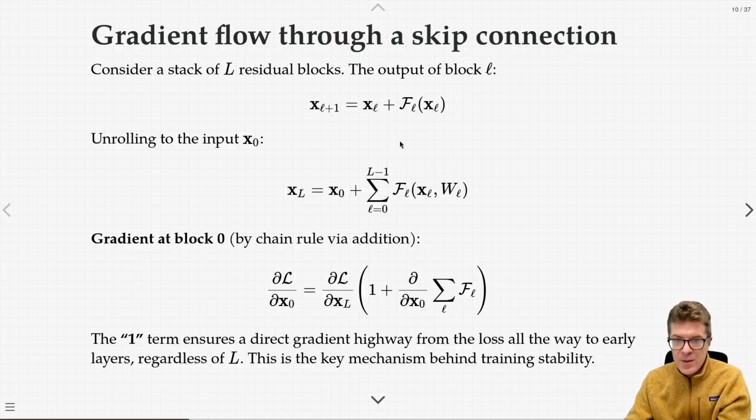Well, this is going to be the input to layer big L minus 1 plus its residual, and keep on unrolling backwards. By definition, you're going to get the sum, and the sum is going to be X sub 0 plus the residual at layer script L to layer, the next layer, which we defined previously.